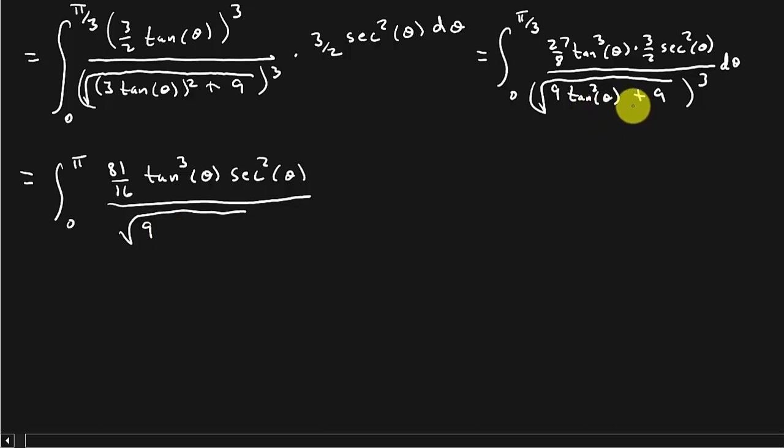Well, factoring out a 9, that's tangent squared plus 1 left over. What's tangent squared plus 1? That's secant squared d theta.